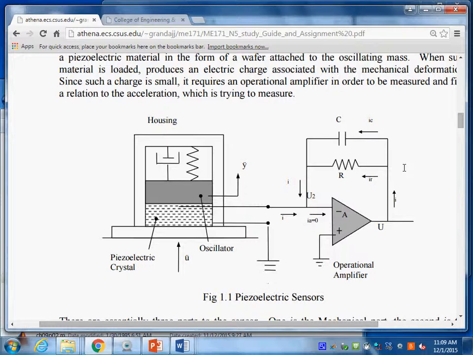So if you need to write it down, that would be a very good thing to do. What is a transfer function? You can write down: a transfer function is a relationship between the output that we measure and one of the inputs of the system.